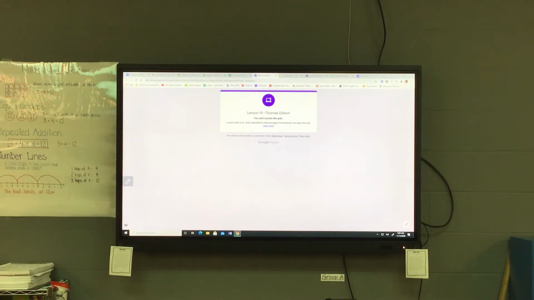At the very top, underneath where it says Lesson 10, Thomas Edison, it says locked mode is on. To avoid losing your progress, complete the full quiz before closing.